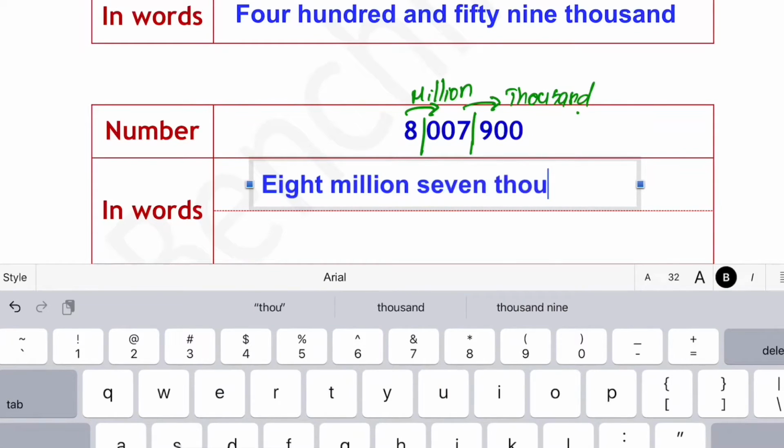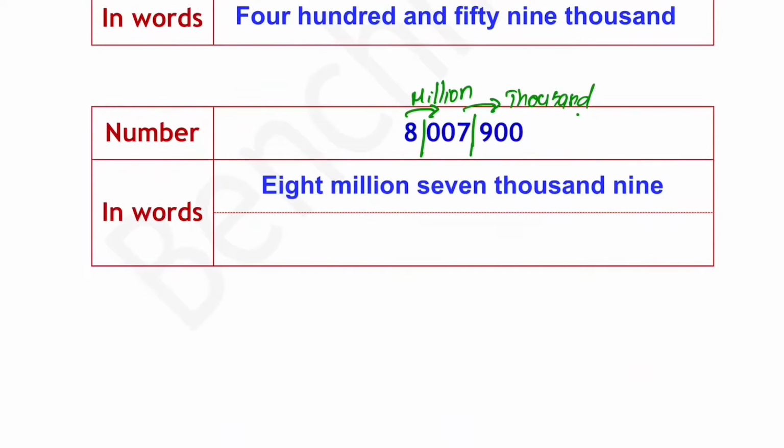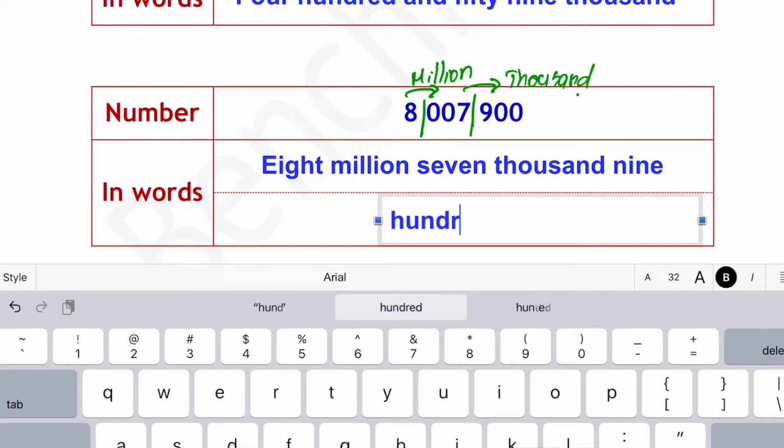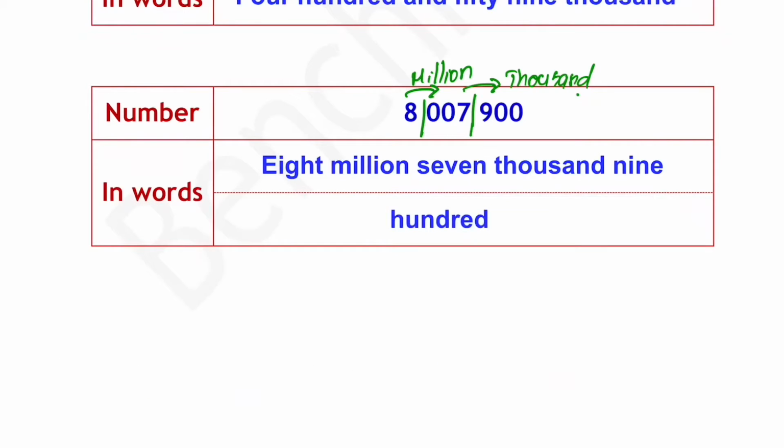My bridge is 1000, and then my last 3 digits represent 900. Okay. Now when you are reading this number, you need to give a small break after million, you need to give a small break after 1000. So it will be 8,07,900. Can you read it like that?